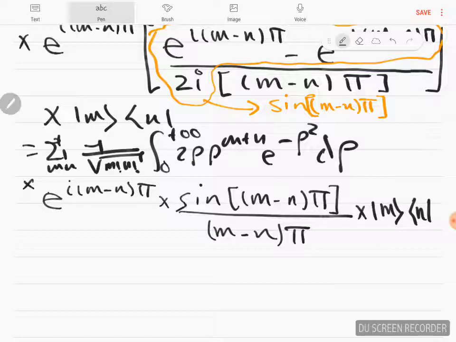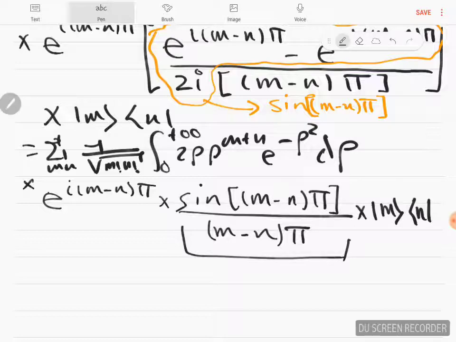Now let's do just a little analysis on this term. If m and n are integers, any couple of m and n will make the sine equal to 0. It doesn't actually matter how you choose m and n.